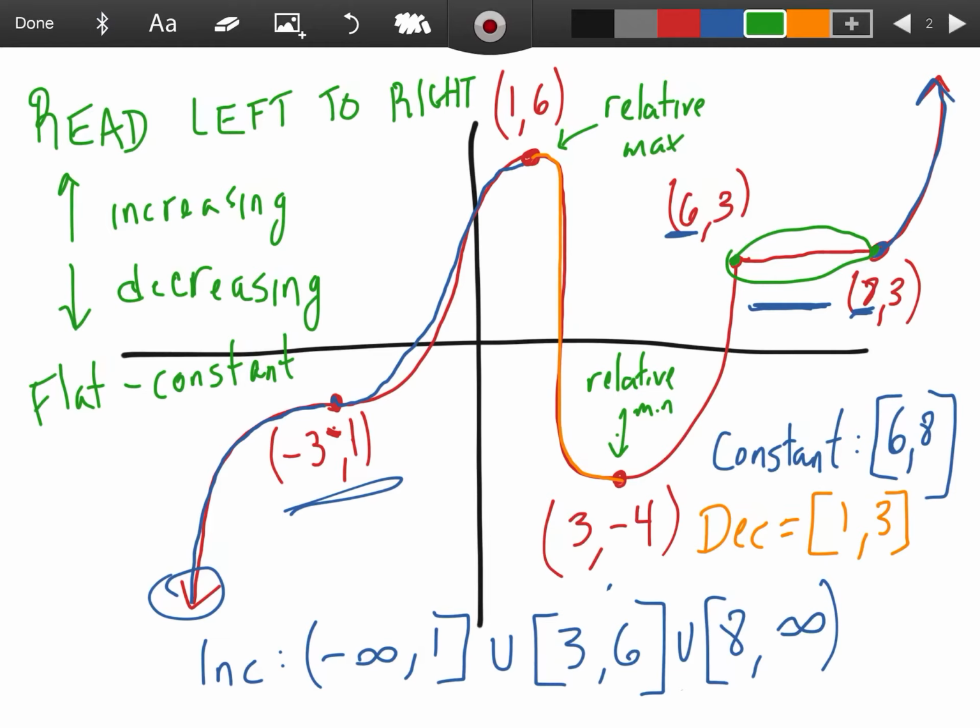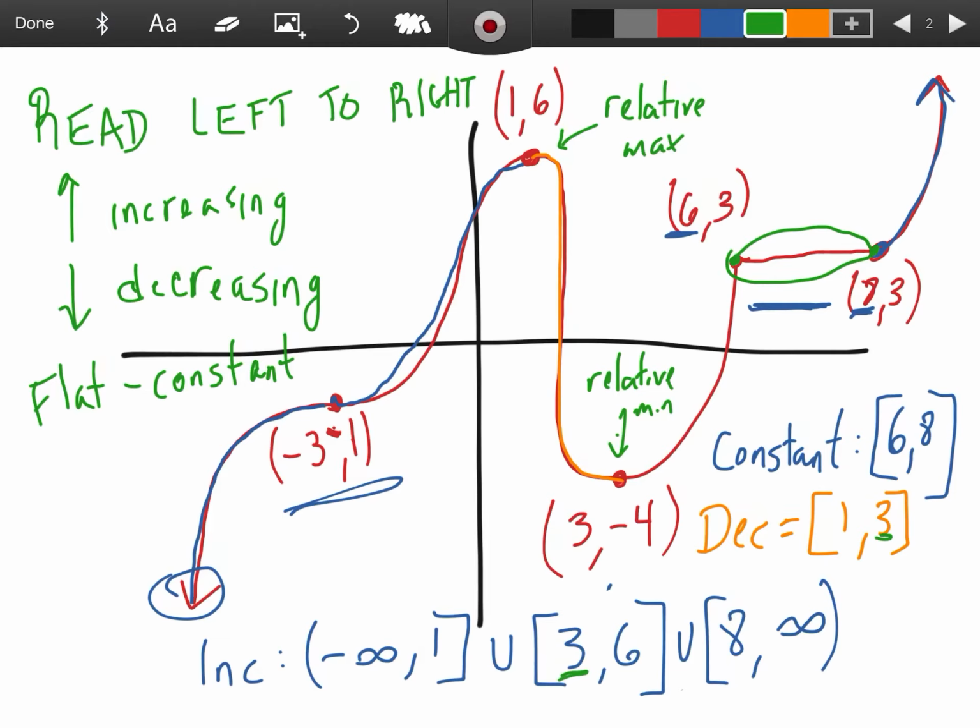We can see that we increase up to a maximum and then decrease. So for it to be a maximum, we need to increase up to it and then decrease beyond it. For a point to be a minimum, we need to decrease down to that point. So yes, we're decreasing to 3, and then we increase from 3. Again, we increase up to a maximum and then decrease. For a minimum, we decrease down to the minimum and then increase.